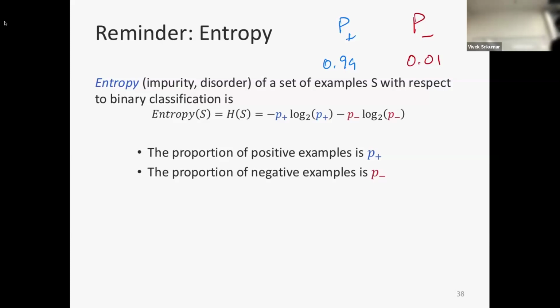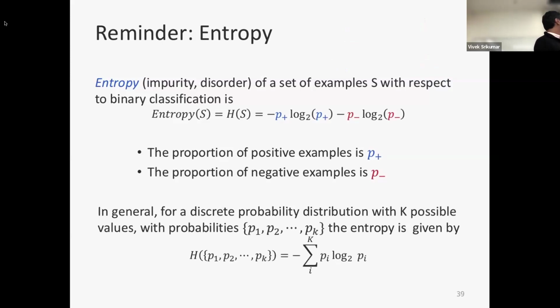Let's work through what it means. First of all, this can be generalized: if you have more than two categories, it's simply the sum over all the categories of p i log p i, and slap a minus sign at the top. And all the logs here are log to the base 2. Why? Because of historical reasons. We don't need to go there.